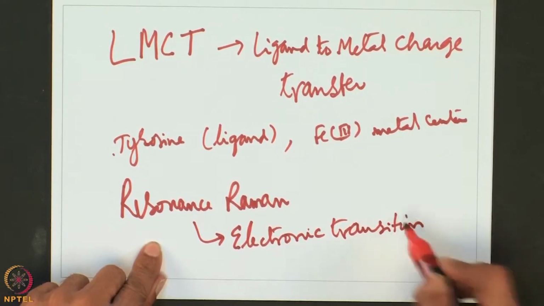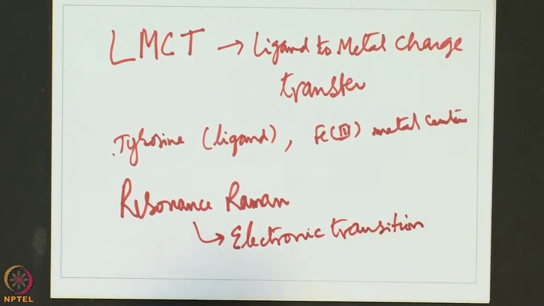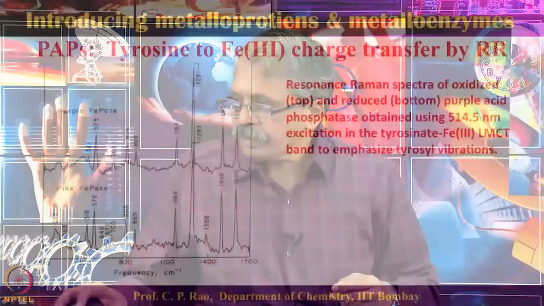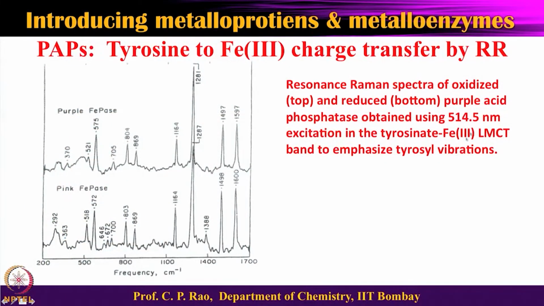So, how would you get the electronic transition? If you know the absorption band, you can excite the sample at that particular wavelength. In this case, there is an absorption band at 514.5.